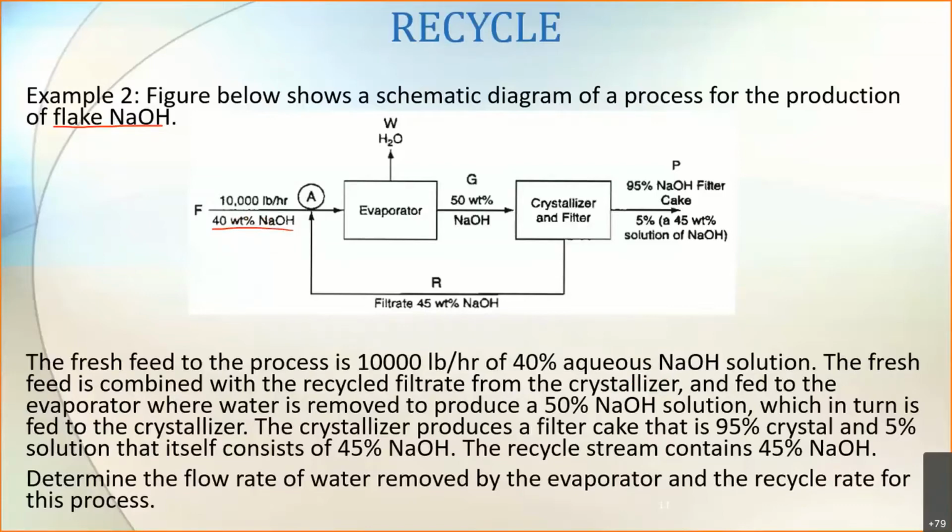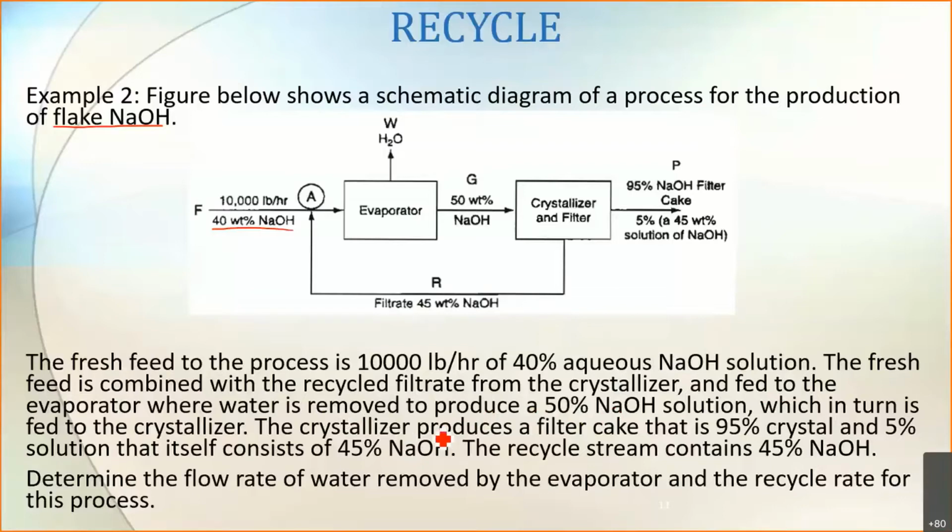The fresh feed is combined with the recycled filtrate. So this is our recycled filtrate R, from the crystallizer and fed to the evaporator, where water is removed to produce 50% NaOH solution, which in turn is fed to the crystallizer.